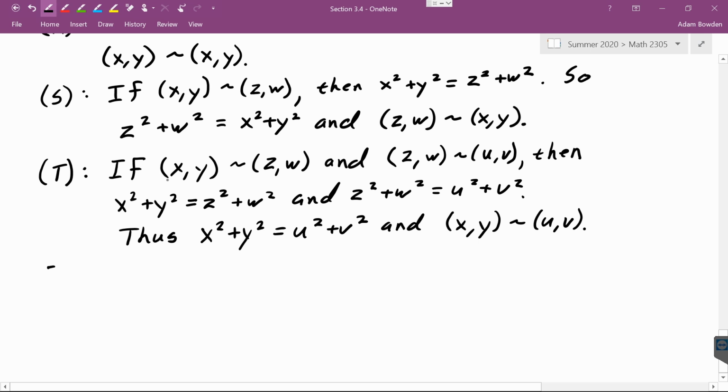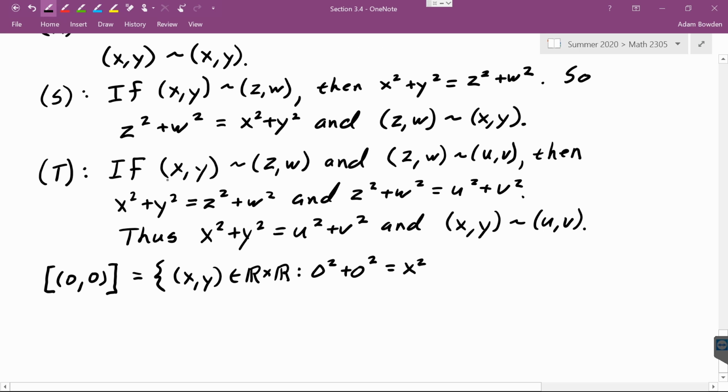So let's go through these here. Let's start out with the equivalence class for the ordered pair (0, 0). This is equal to the set of all (x, y) with real number components such that 0 squared plus 0 squared is equal to x squared plus y squared. Well, just like in our last example, only the ordered pair (0, 0) fits this description.